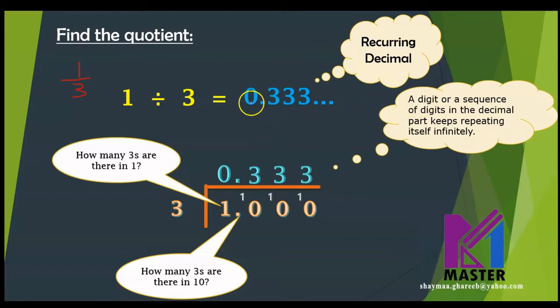I can just write it as 0.33 or as 0.333 and stop. Is this clear? So some fractions, when we change them into decimals, have no end, and we call them recurring decimals.